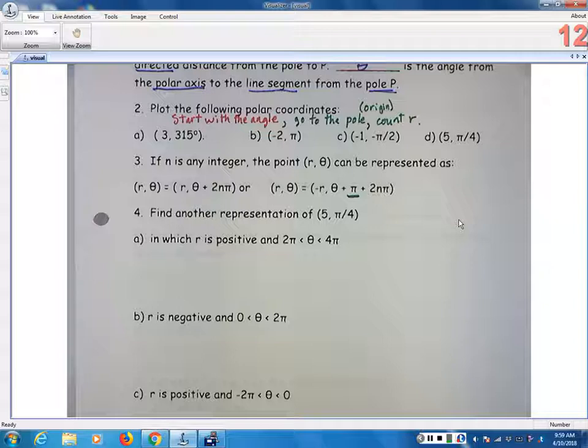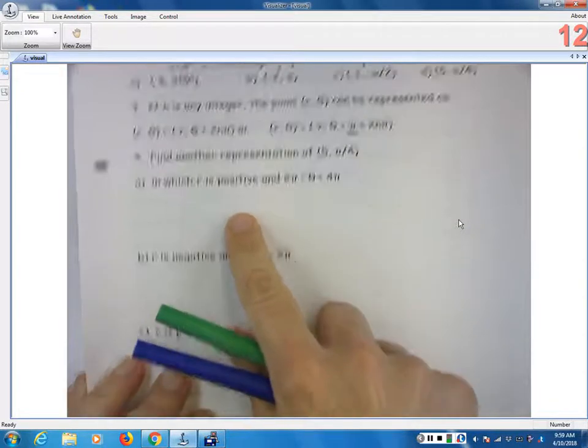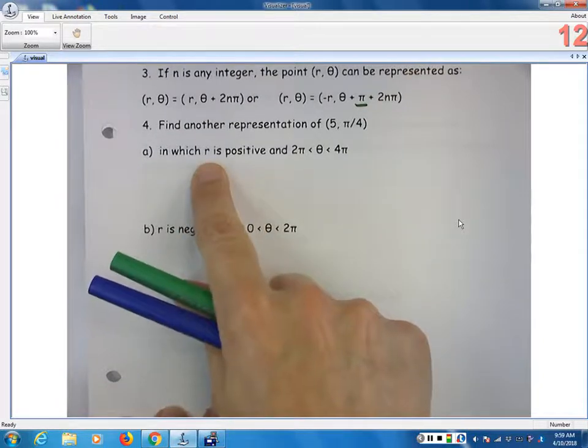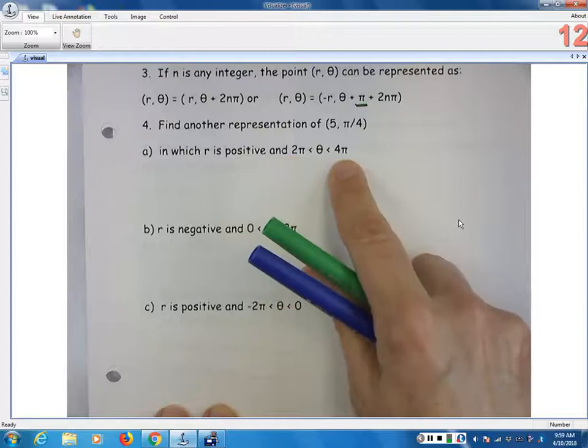So find another representation for 5 pi over 4. We're going to just find 3 representations for this. First, we want r to be positive, but we want theta to be between 2 pi and 4 pi.